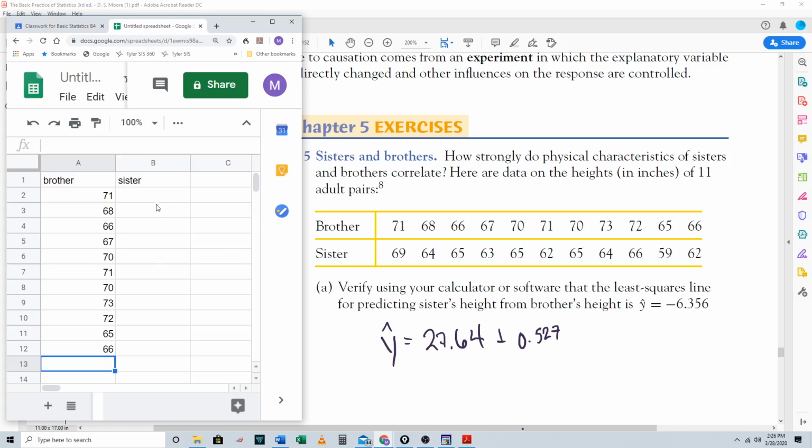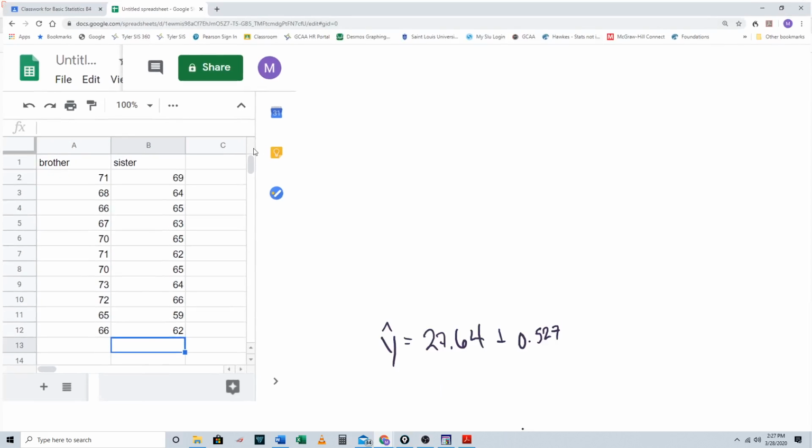All right. And then sisters would be 69, 64, 65, 63, 65, 62, 65, 64, 60, 60, 66. Come on. Yes, there we go. 66, 59, and 62.